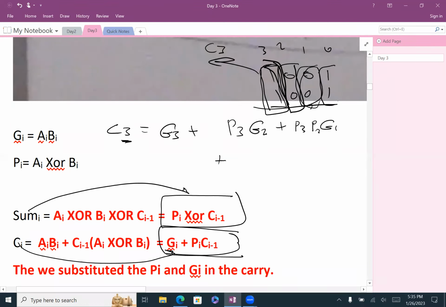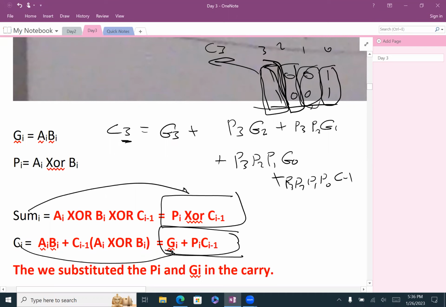You do it here, you generate it as G0, and propagate it through 1, 2, and 3. Or what? Coming from outside, which means C minus 1. Then it goes through B0, B1, B2, B3. Correct? Clear? So it's logic.